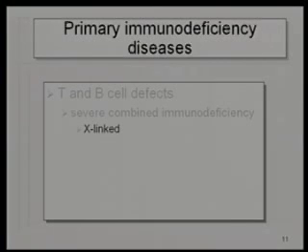Some of these are X-linked, and the site at which their lesion occurs is different from the ones that are autosomal. In the case of X-linked immunodeficiencies, the defect is in the IL-2 gamma chain peptide gene.